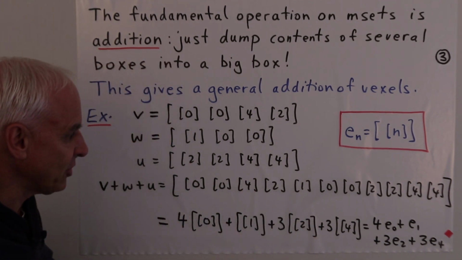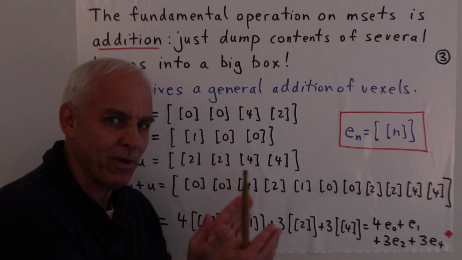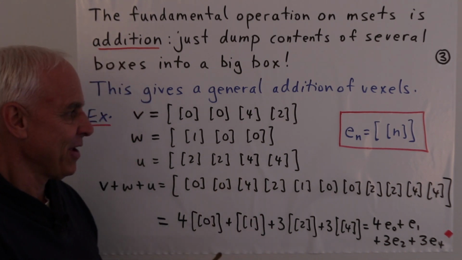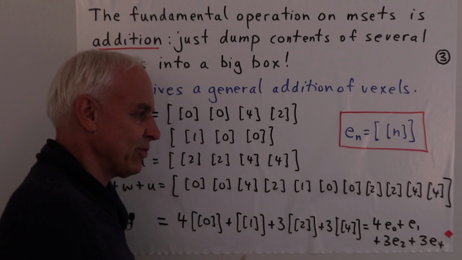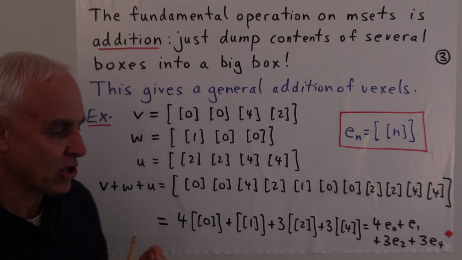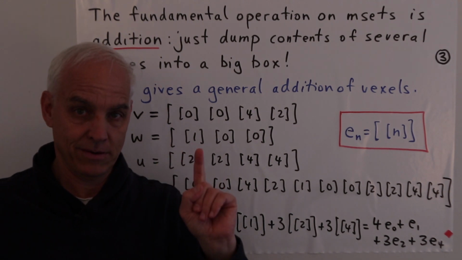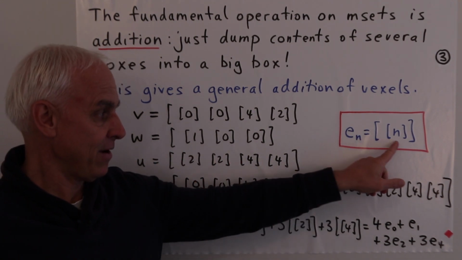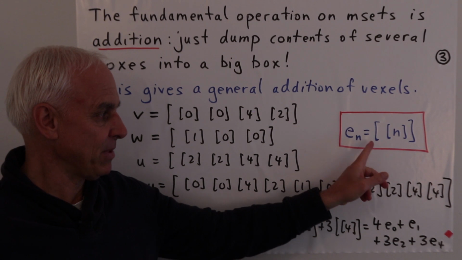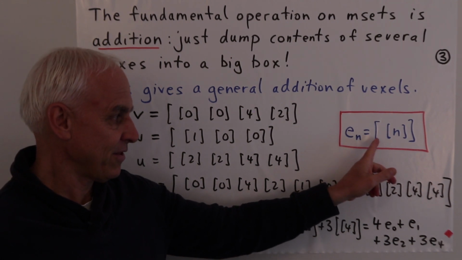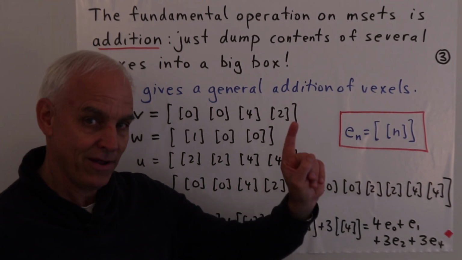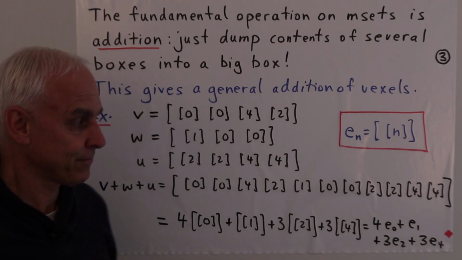And in particular, we can introduce the most simple kinds of vexels, which we might call E sub n, the vexels containing just one singleton, the singleton n. So let's define E sub n to be the vexel, which is the multiset containing a single singleton n.